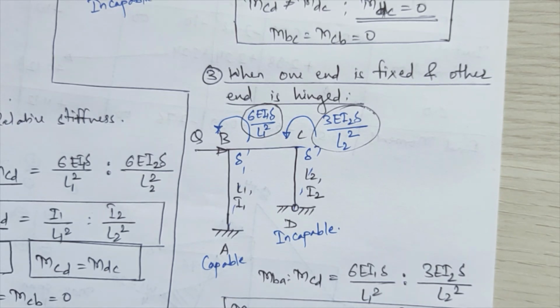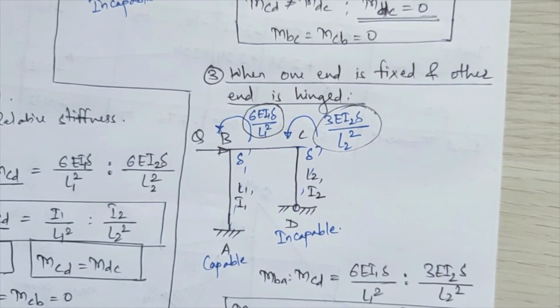Okay, so this is the only concept that gets changed in the numericals of non-sway frames. In the next lecture, we'll try to solve a numerical on sway frames. If you have any query in this, you can comment in the comment box. Thank you so much.